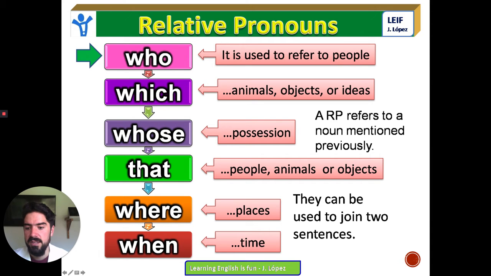Okay, as you can see, that and which refer to the same. Where refers to places, and when refers to time. Okay, so we can use them to join two sentences or to add information, okay, add details. Okay, now let's continue.